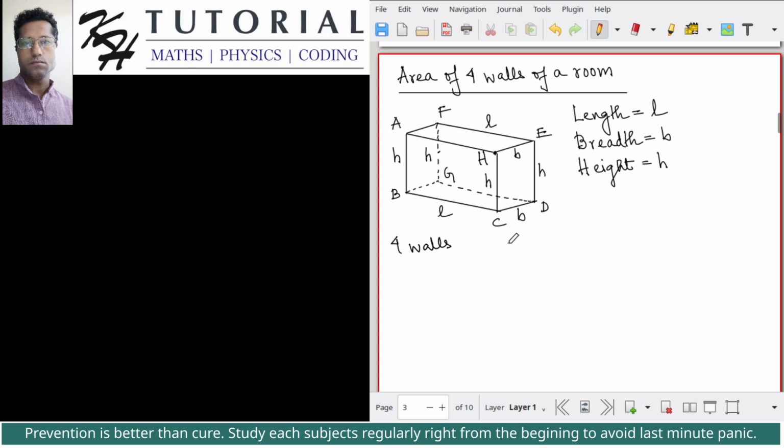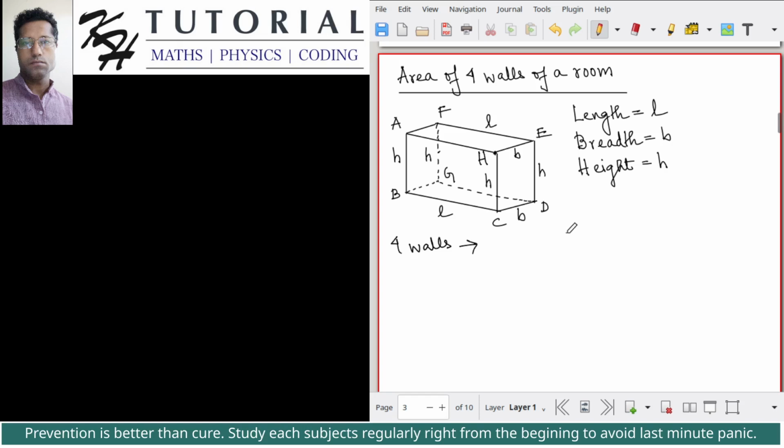Now let's try to identify the 4 walls from this figure of the room. The topmost face is not a wall. Please remember that a room has three dimensions, length, breadth, and height.